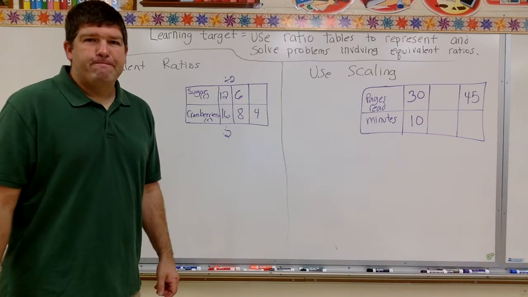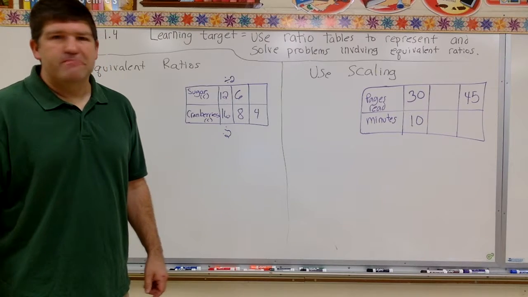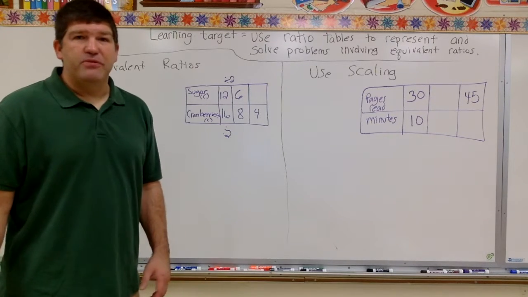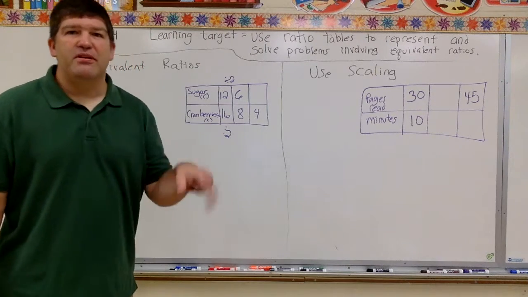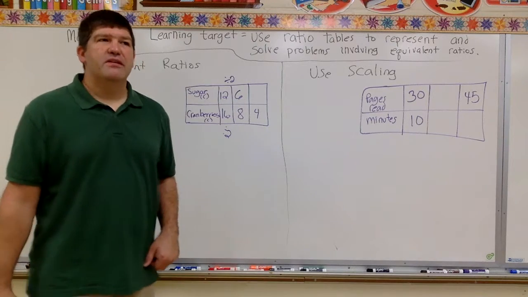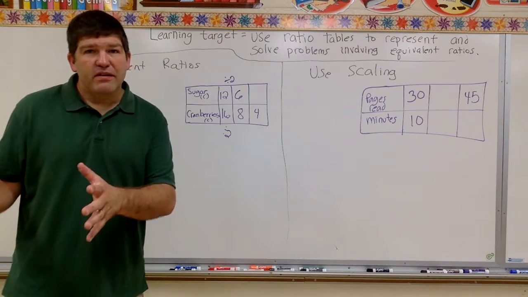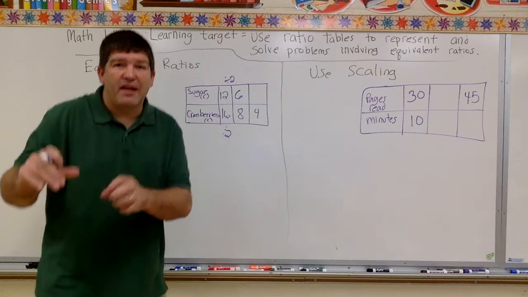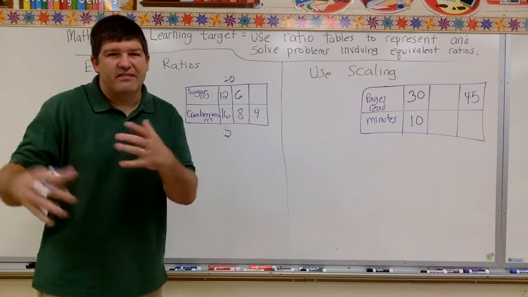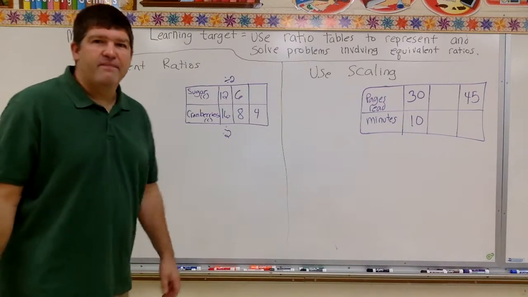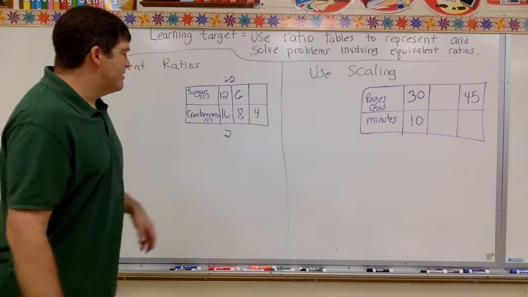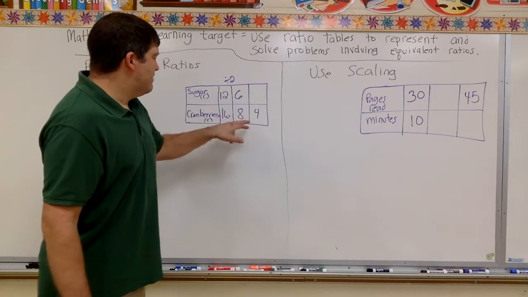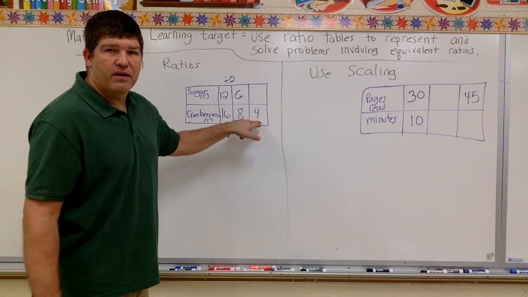I do this all the time when I make cookies. Sometimes you need to double the recipe. Sometimes you need to cut it in half. Sometimes you have a recipe for 12 and you're going to have 18 people, so then you need a recipe and a half, and you have to find the ratio to that. Now, let's take it a little bit further. Instead of 8 cups of cranberries, I'm going to have 4.